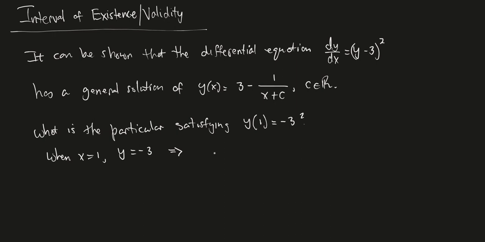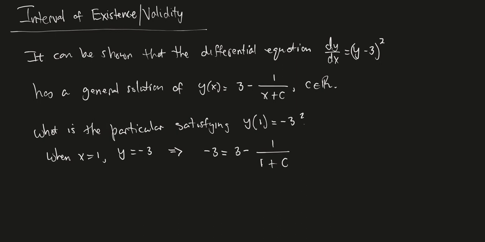So let's see what our algebra tells us. So replace y with negative 3, and then I have my general form on the right hand side. And x here is equal to 1. So we'll be able to use some algebra to isolate our c.